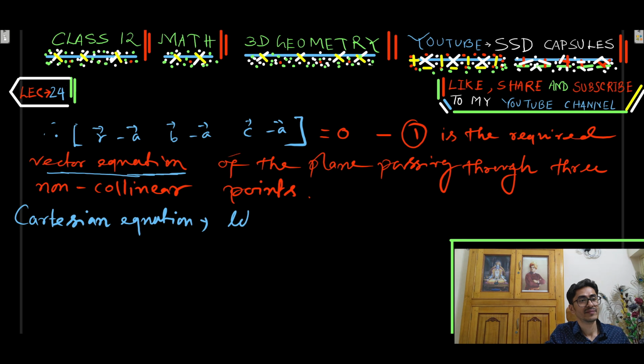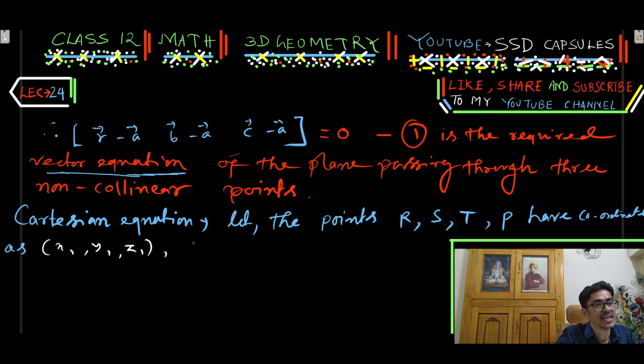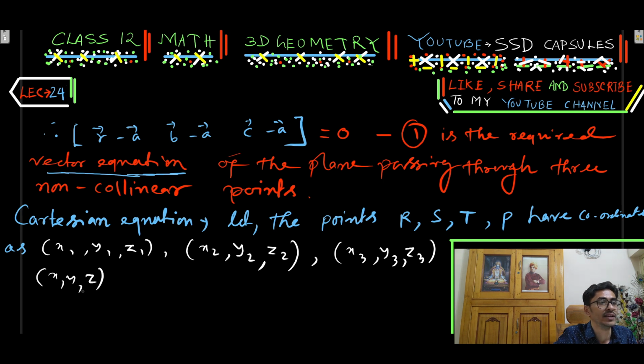Now let the points R, S, T and point P have coordinates R (x1, y1, z1), S (x2, y2, z2), T (x3, y3, z3) and P (x, y, z) respectively.